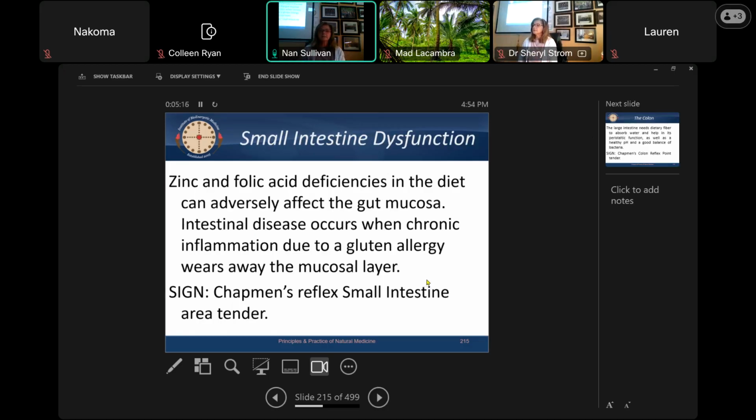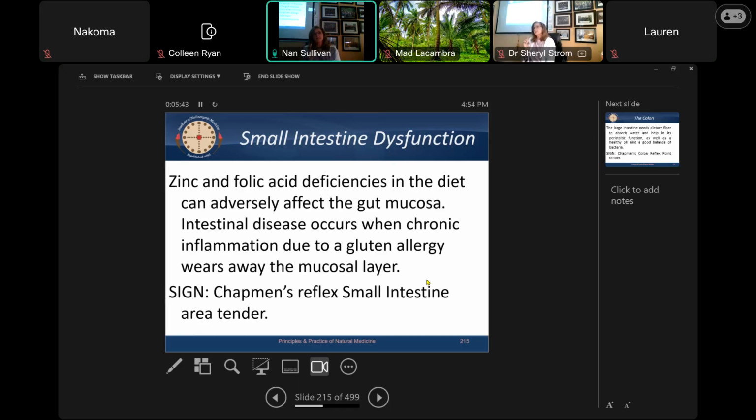Small intestine dysfunction. Zinc and folic acid deficiencies in the diet can adversely affect the gut mucosa. An intestinal disease occurs when chronic inflammation due to a gluten allergy wears away the mucosal layer. So again, the Chapman's reflex small intestine area can be tender.